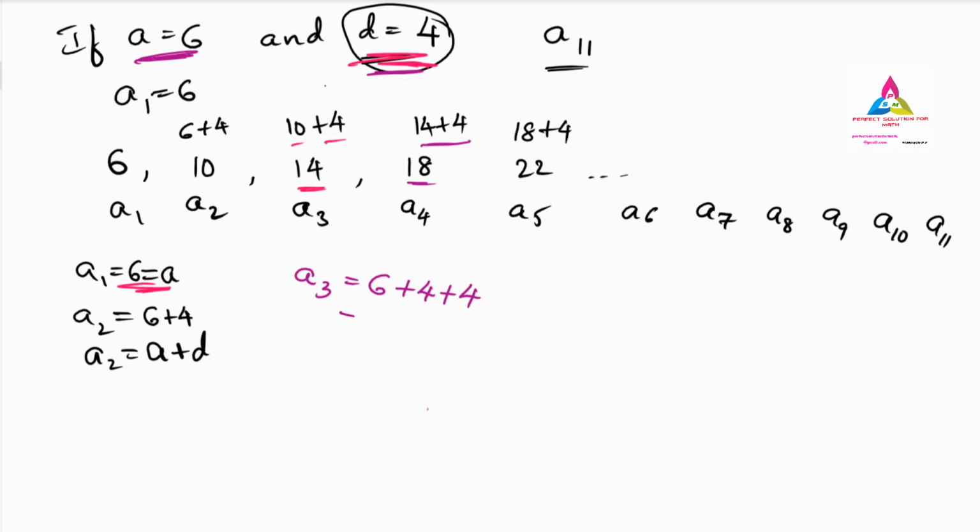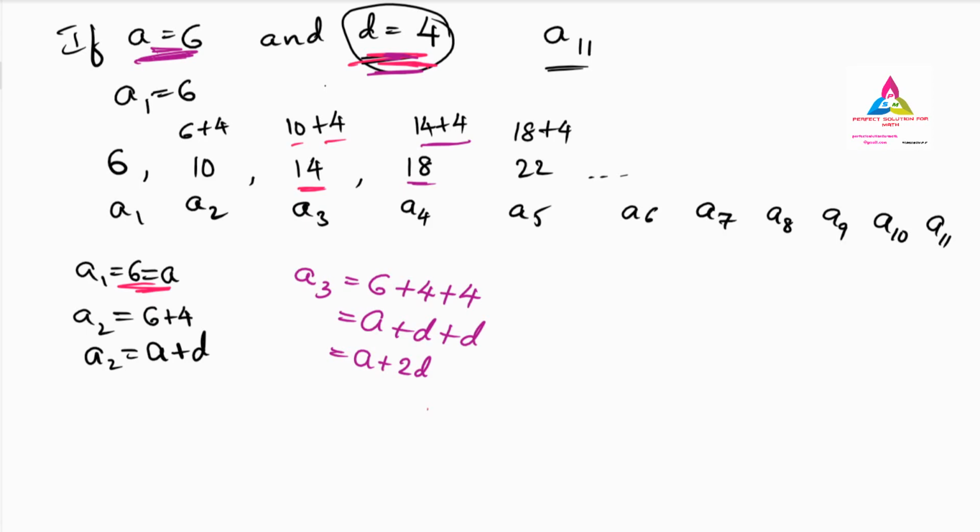So 6 is written as a, and d is nothing but the 4 we have over here. Again here 4 we have, that is again d. So a plus d plus d, that is nothing but a plus 2 times d.